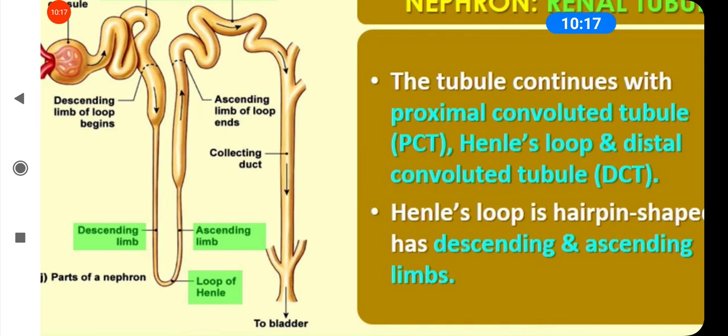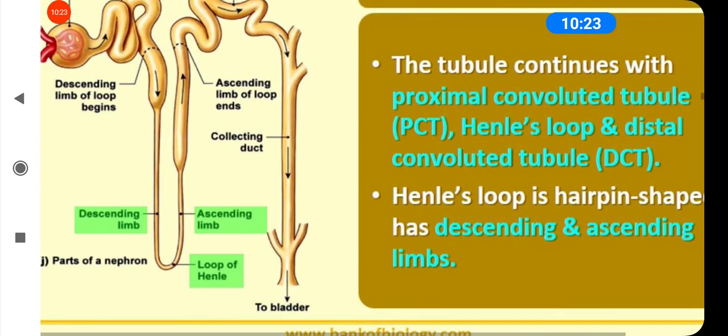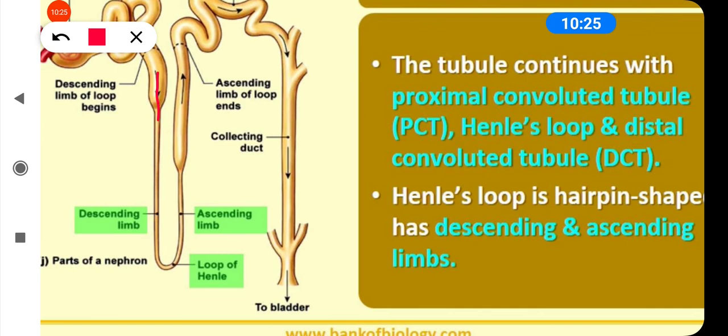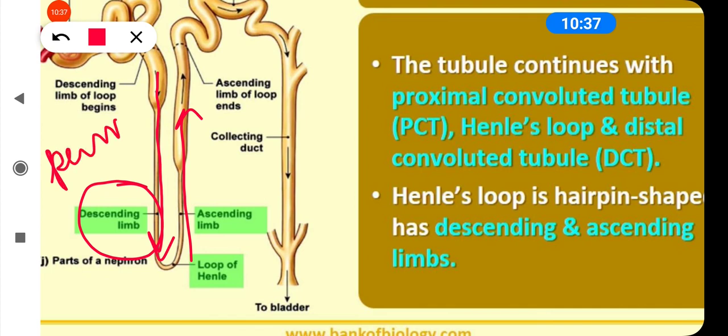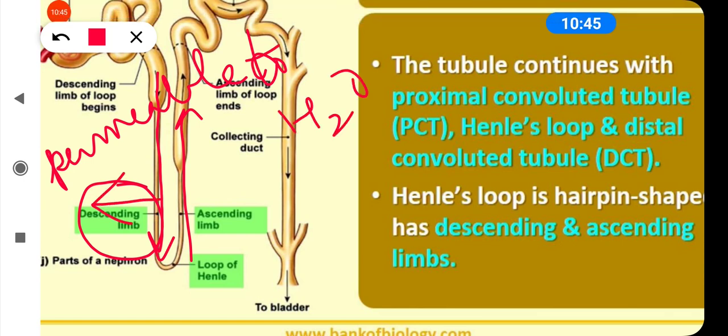Here the fluid is flowing downward, and here the fluid is going upward. Later we will be studying this. The very important point is that the descending limb is permeable to water. Through this, water can come in or move out. Whereas the ascending limb is impermeable to water.